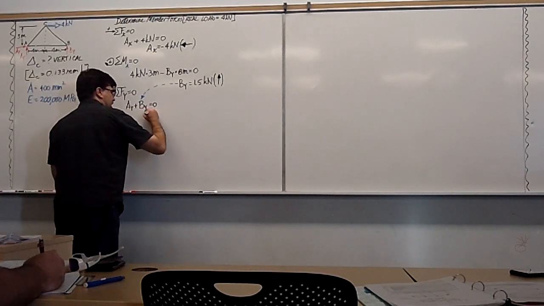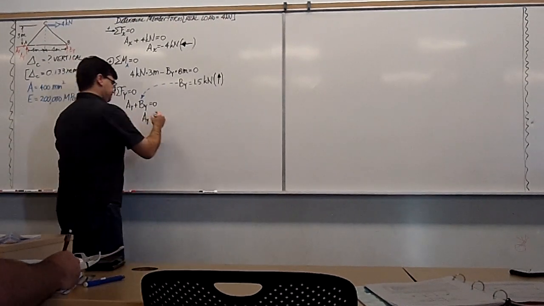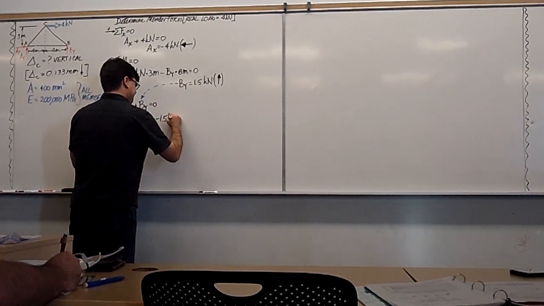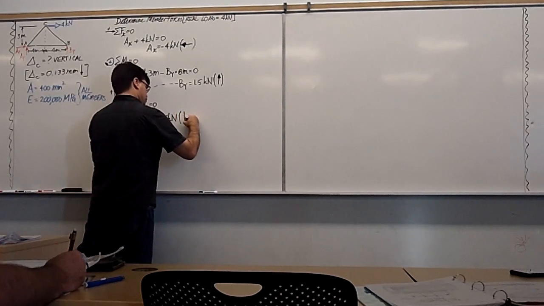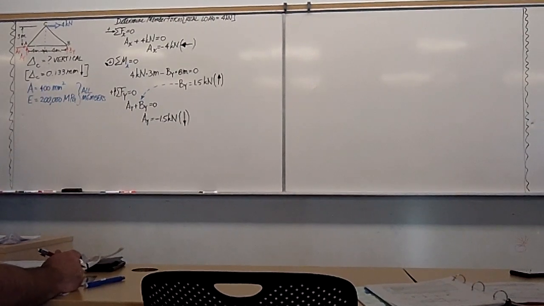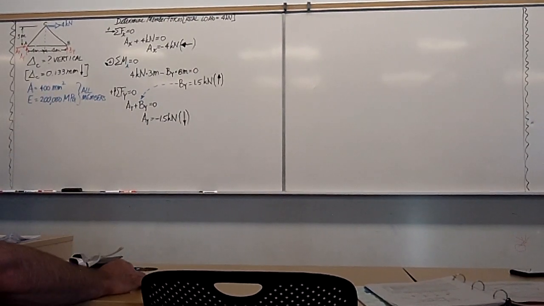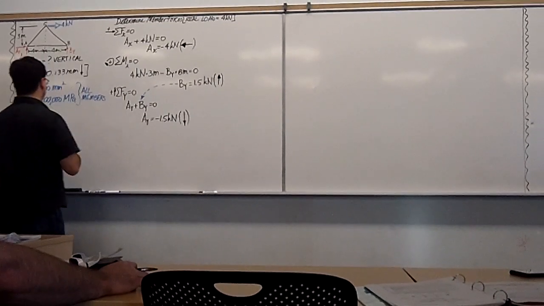So how much is Ay? Negative 1.5. It's negative, right? So that means it's going in the opposite direction. Make sense?